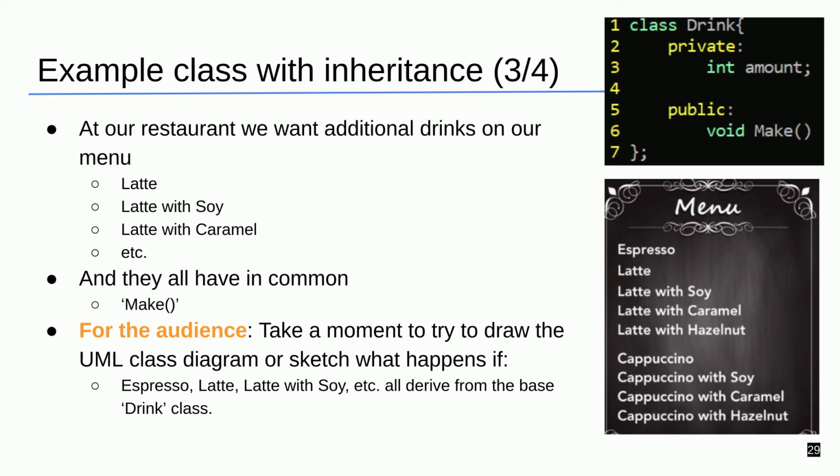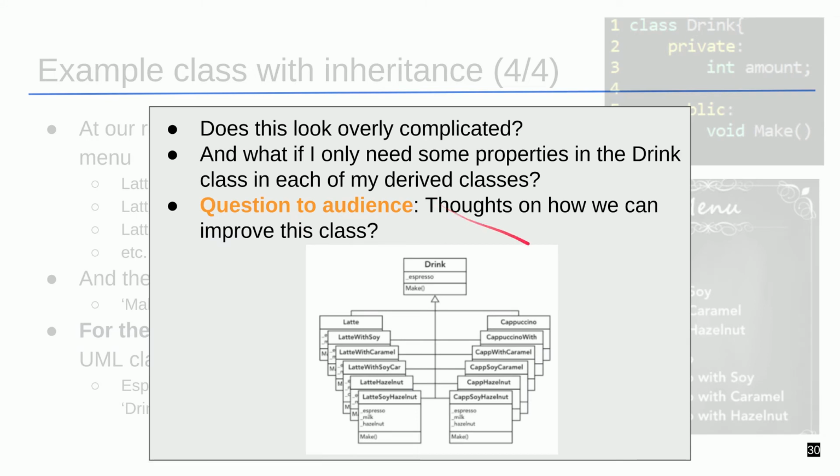And if you're joining back with us after doing this little exercise, did you come up with something like this? Maybe you did. So you saw that maybe all of these different classes here, latte, latte with soy, latte with caramel, latte with soy caramel, etc., were derived from the drink class, or generic drink class, which is some sort of espresso that can be made.